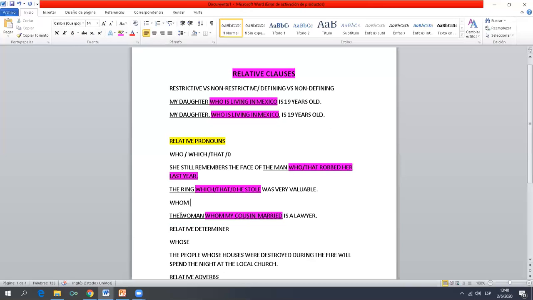Whom is the objective form of who. What does it mean? That you can use whom when this relative is an object, not when it is a subject. Who is the subjective form and whom is the objective form. Who is equivalent to I, the personal pronoun, the subjective form.